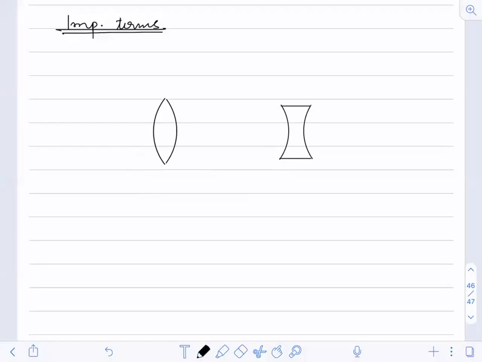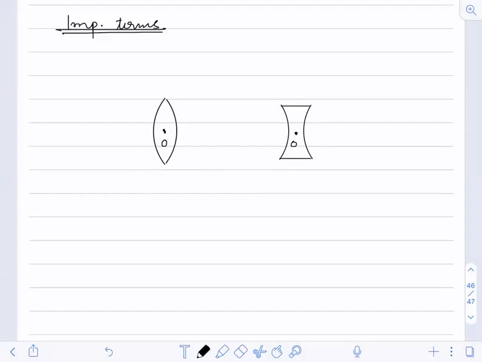So what is the optical center? The optical center is the center point of the lens. Can you see these dots? I have drawn them exactly at the center. These points are called optical centers, and they are denoted by O.